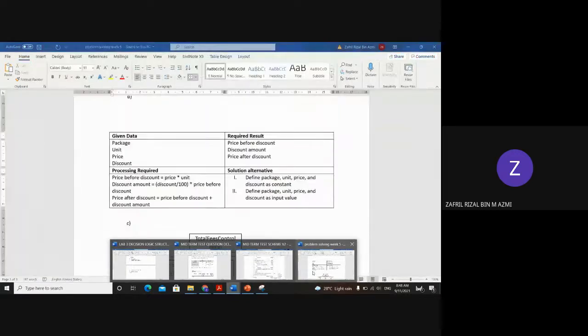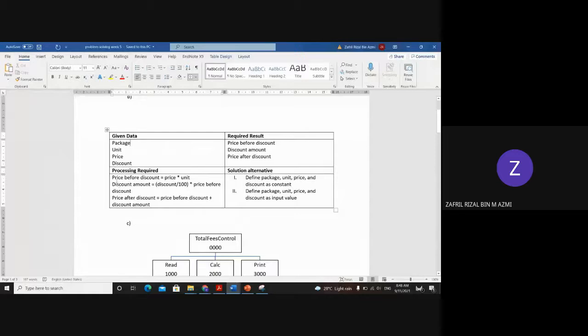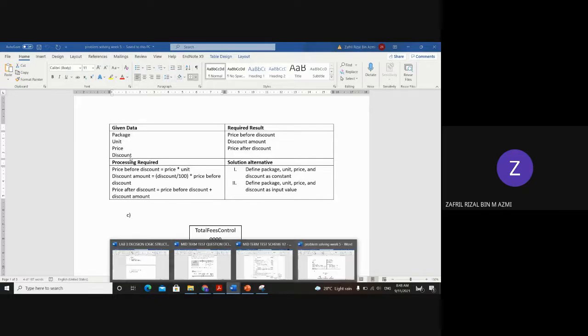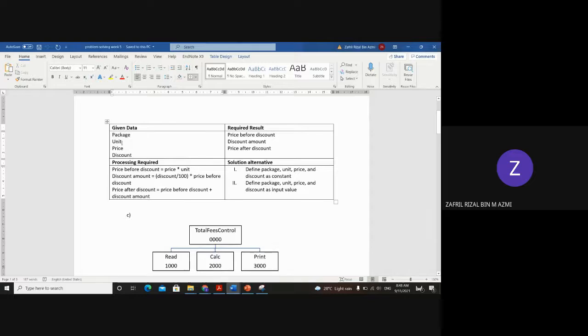Alright, so the decision is missing in this answer. But is the input correct, class? Is it the correct input? This is incomplete and wrong because you are missing the package and the quantity. Should we put price and discount over here as input? Input is what the user needs to type.